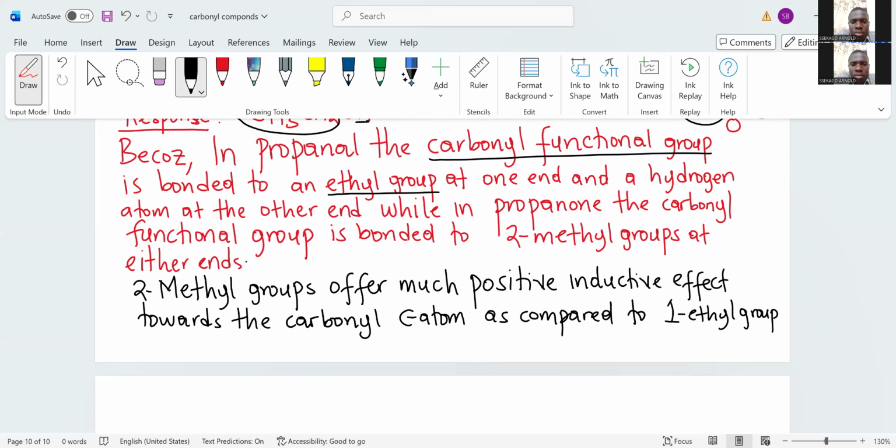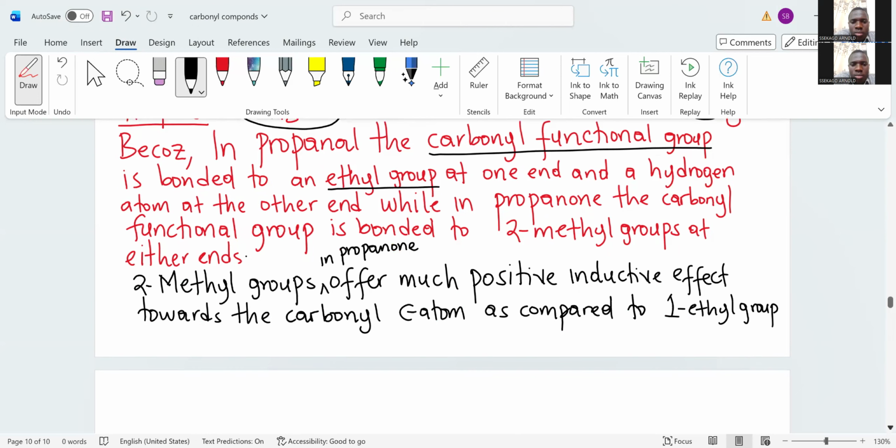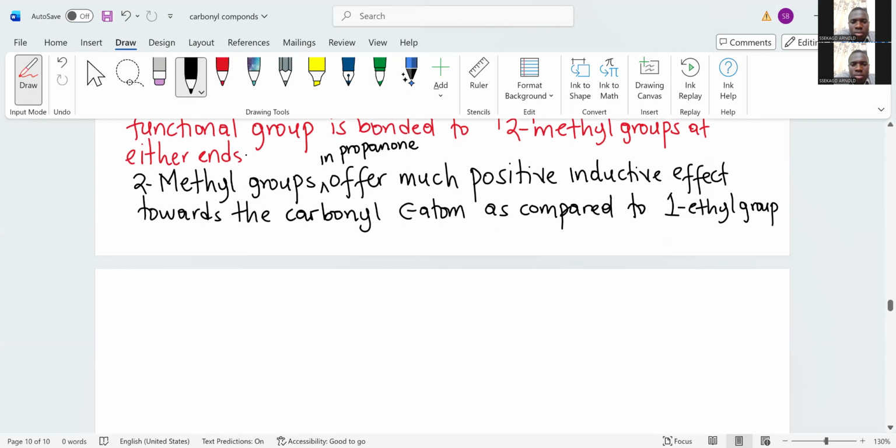Two methyl groups in propanone create a clear distinction. Two methyl groups in propanone offer much positive inductive effect towards the carbonyl carbon atom as compared to one ethyl group in propanal.